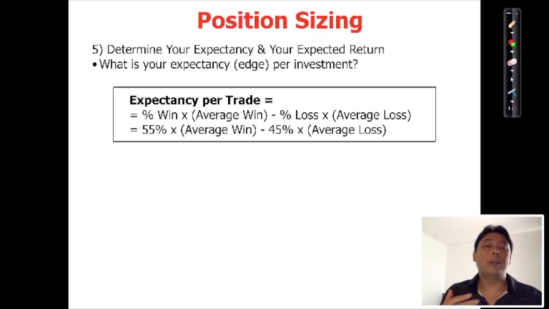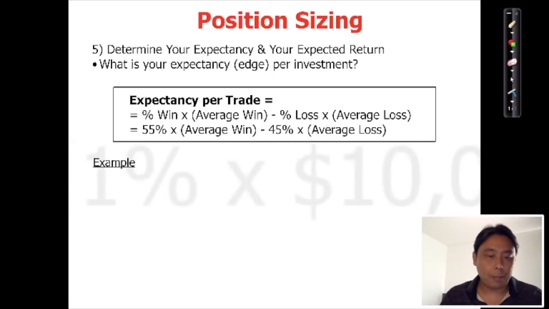Okay? Of course, there'll be good months when your win rate could go up to 60% to even 70%, but that's not sustainable. On the long term, I would say a 55 to 60% win rate is pretty conservative. Okay? So in that case, 55% of the time we'll be having a win, and 45% of the time we'll be having a loss. Now, what's our average win, average loss?